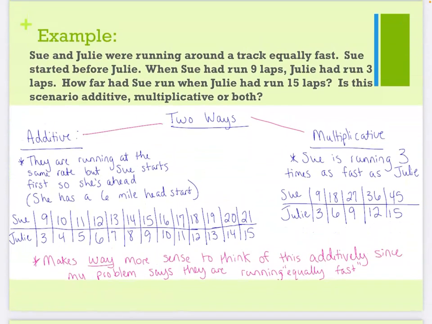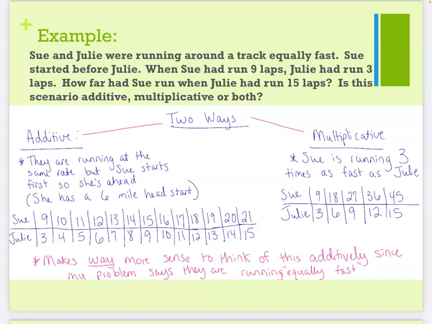There's 2 ways you could look at it. If you look at it additively, they're running at the same rate, but Sue starts first, so she's ahead. She has a 6-lap head start. There's a table there, so it keeps track of Sue's laps. So when Julie arrives, Sue is already ahead. So Sue is at 9 laps when Julie is only at 3 laps.